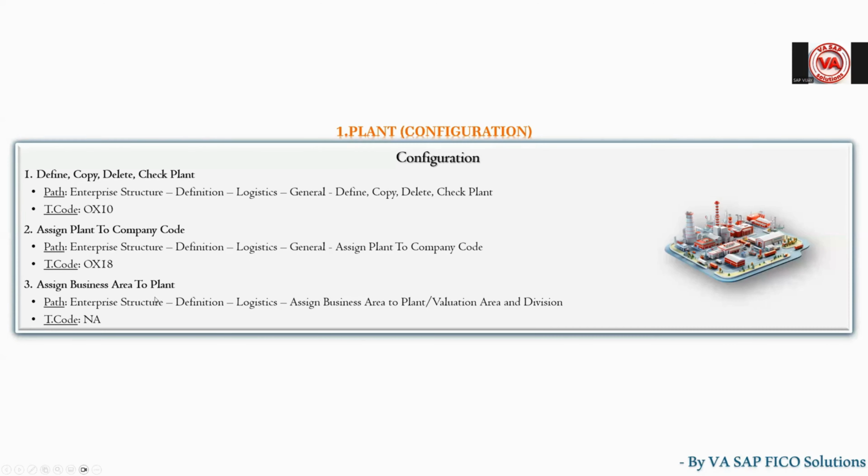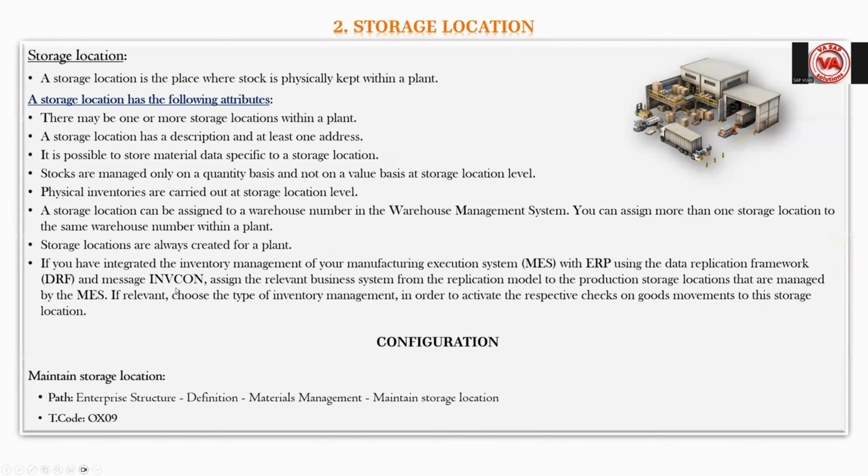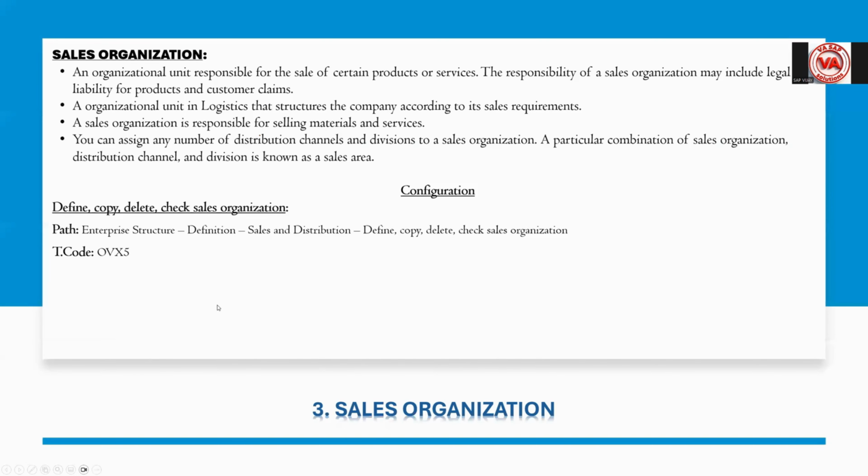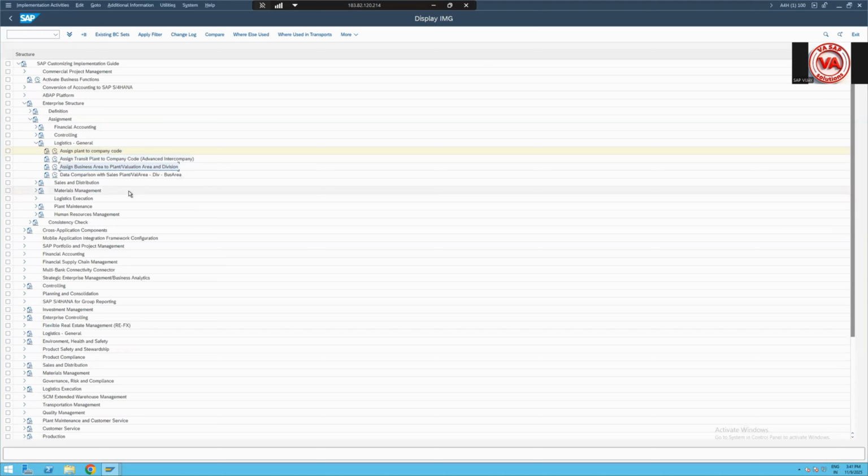Assign business area to plant. Here assign business area to plant, valuation area, and division. This is one of the most important things.